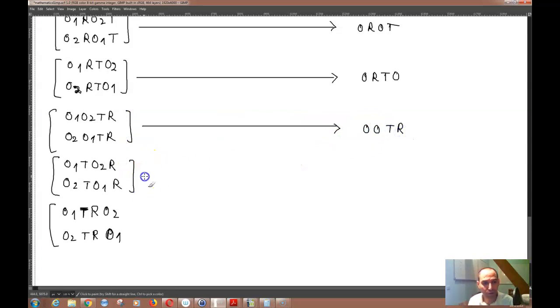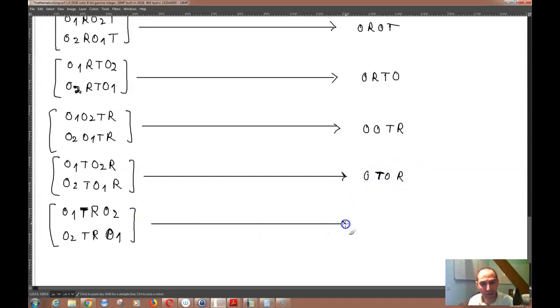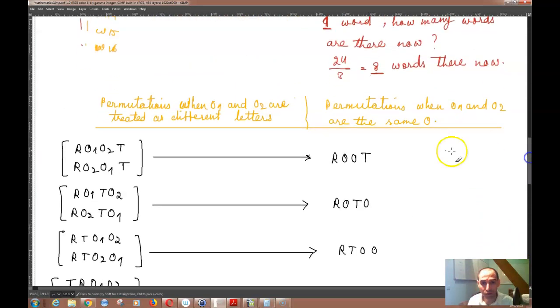And for these two, you will get OTOR. And for these two, you will get OTRO. Right? So then basically in total over here I have 24 permutations.